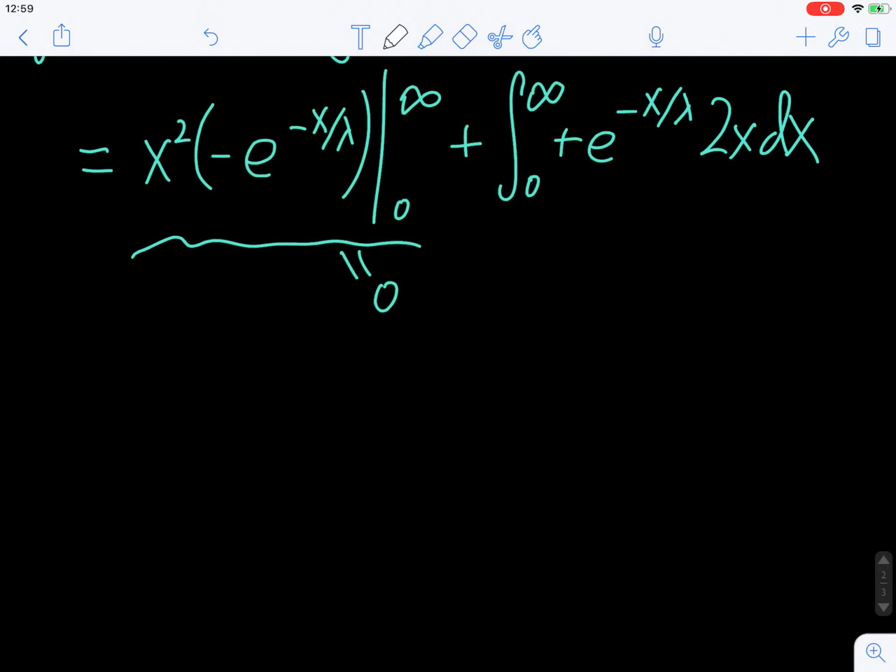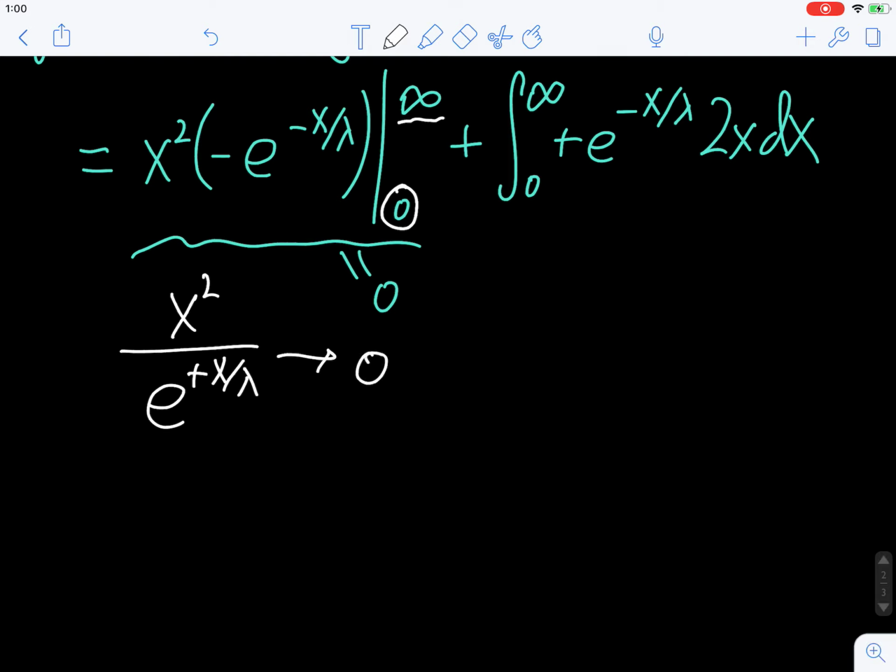Why? Let's first start with this one. If we plug in 0, then 0 squared is just 0, and so it all multiplies out to be 0. Let me erase that because it's clear. And if we plug in infinity, then we have x squared over e to the x over lambda, and as x approaches infinity, this approaches 0.